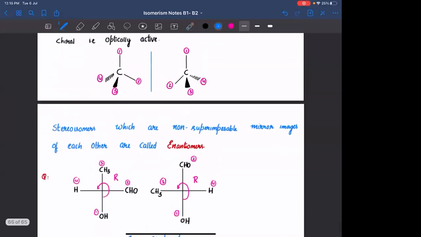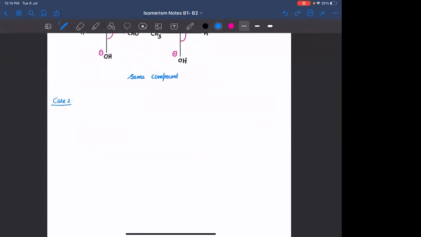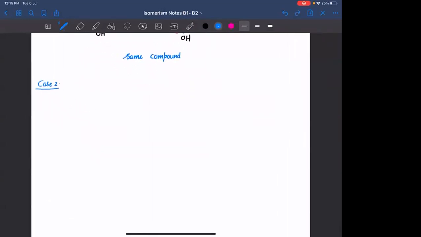Next, case 2. In the first case, we have seen the molecule having only one chiral carbon.